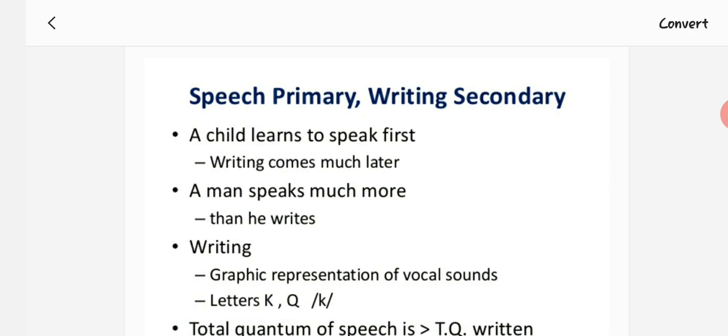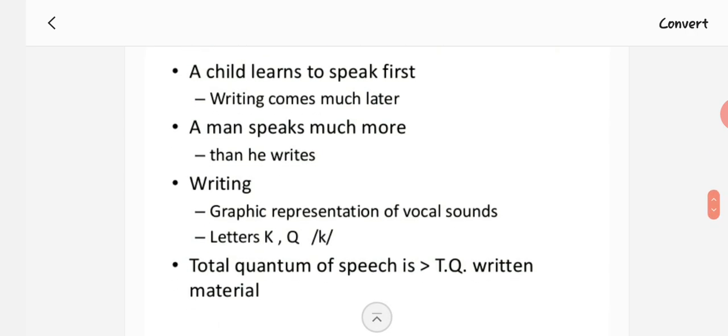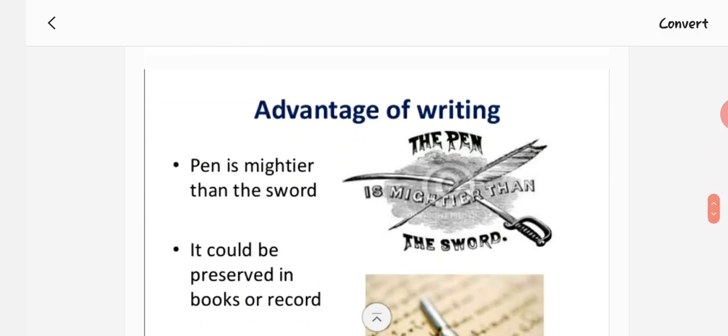A man speaks much more than he writes, and writing is always a graphical representation of the vocal sounds, like the letters K, Q. The total quantum of speech is far greater than written material. So basically the written material is the secondary thing, and the things which we speak, which we can speak easily, are the primary things.